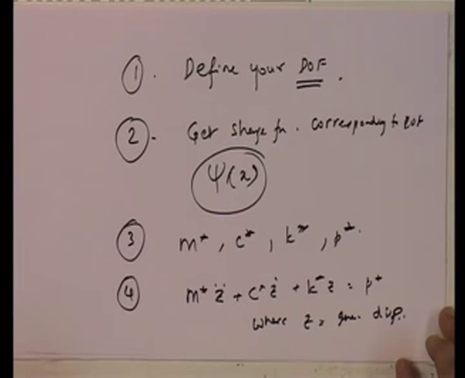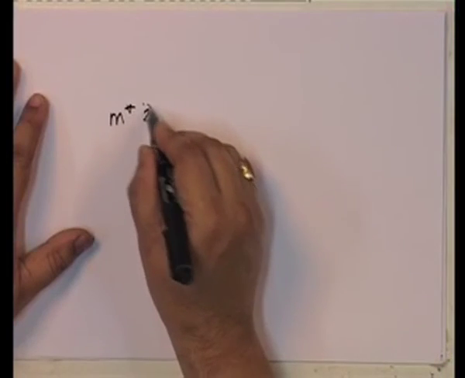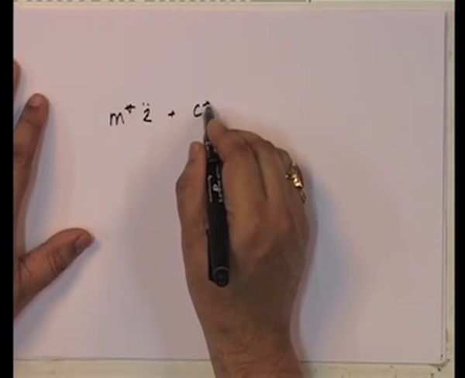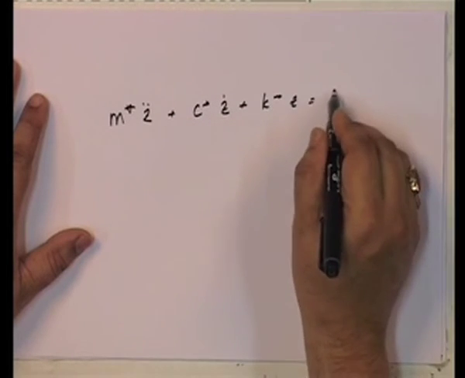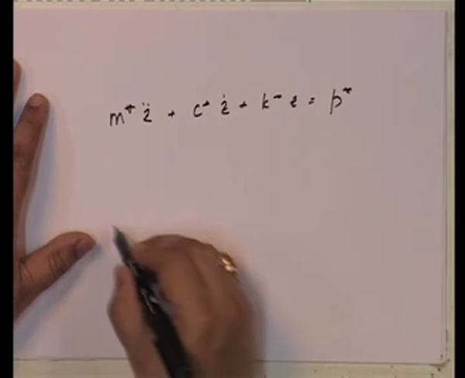Note that z can also be theta in a particular case, in which case m star, c star, k star and p star will be appropriate. So, the point then becomes that once I have this, I have m star z double dot plus c star z dot plus k star z equal to p star.